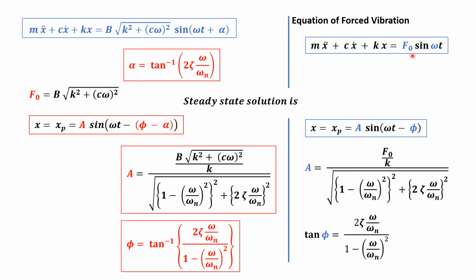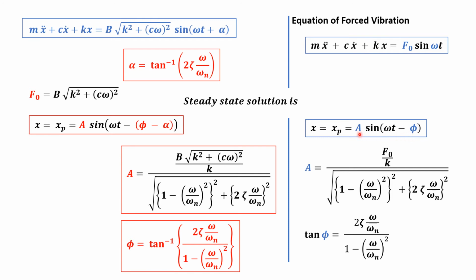For the equation of forced vibration, the steady state solution, once the transient vibrations have vanished from the system, is only the particular solution, as we have discussed in previous lectures, equal to a sine omega t minus phi. It means the system mass will vibrate with an amplitude and will lag behind the external excitation by phi.